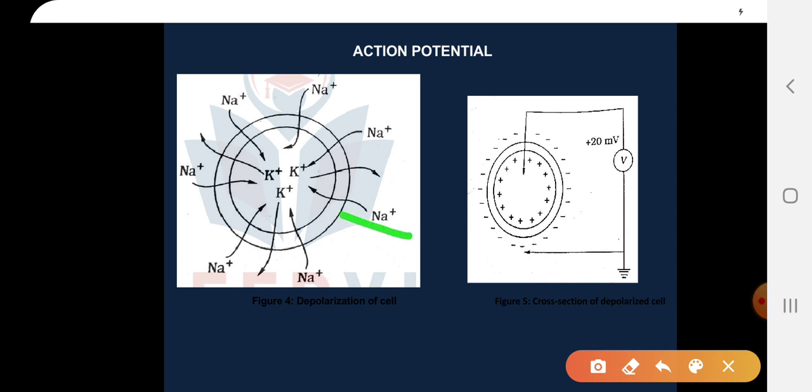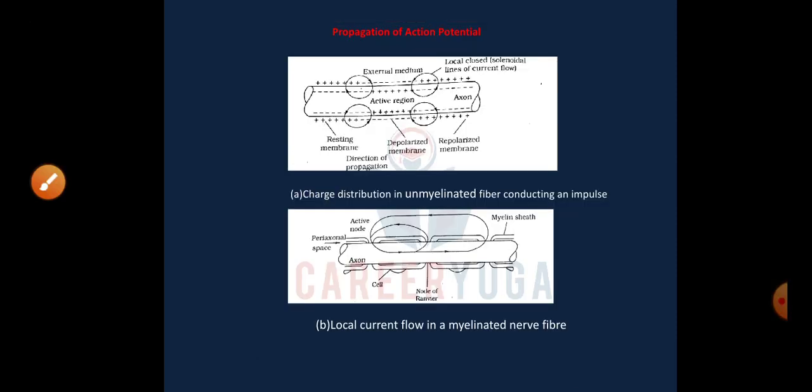So next we'll see what is meant by the propagation of action potential, meaning how the bioelectric signals are propagated. If the cell is excited and generates an action potential, an ionic current flows. Such a process excites the neighboring cell or adjacent areas of the same cell.